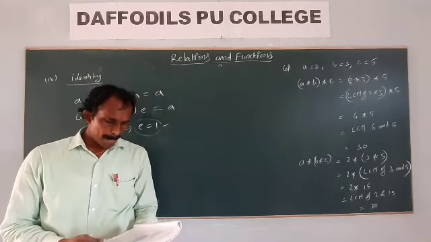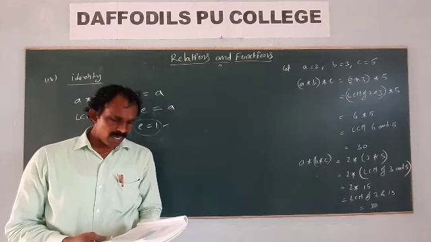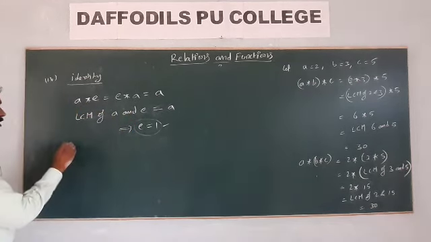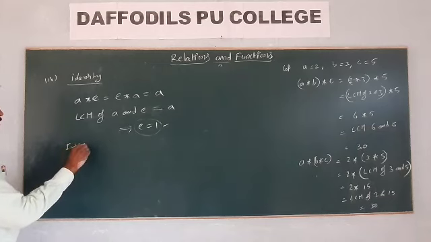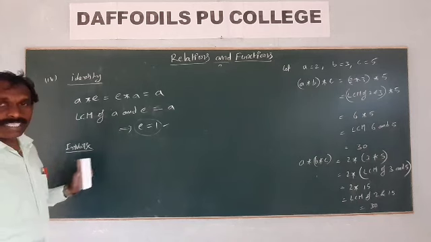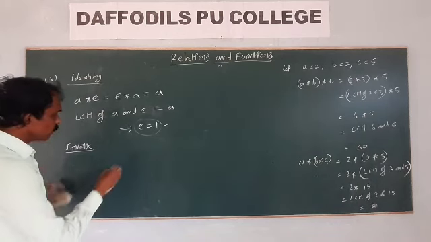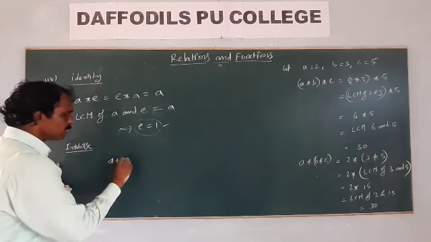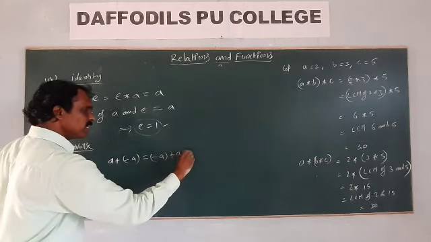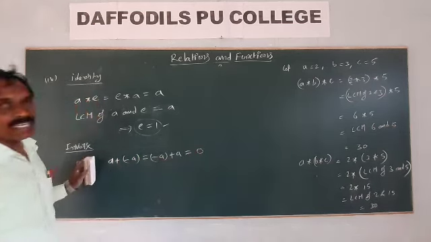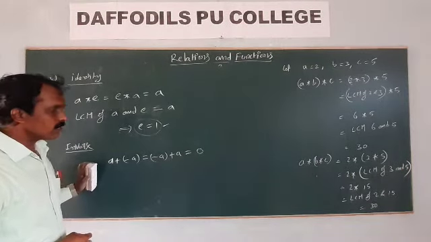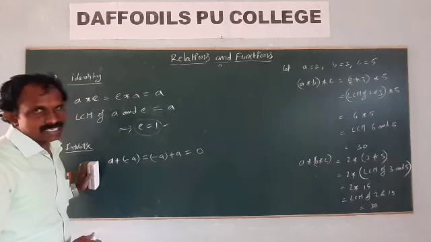Next, which elements of N are invertible for the operation? Invertible means inverse. Inverse element: for addition, what is the inverse? A plus minus A is equal to minus A plus A is equal to 0. 0 is the identity element for addition.